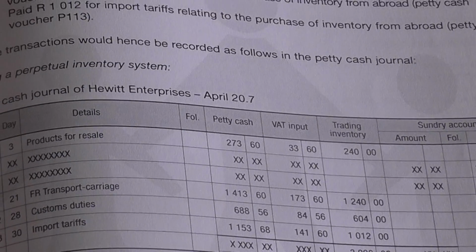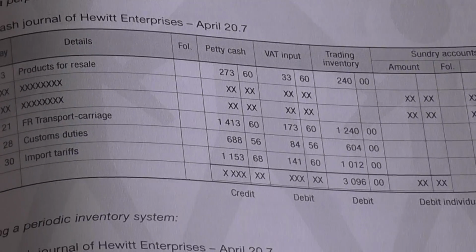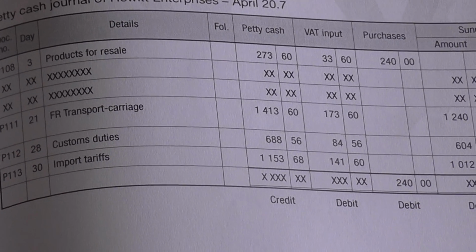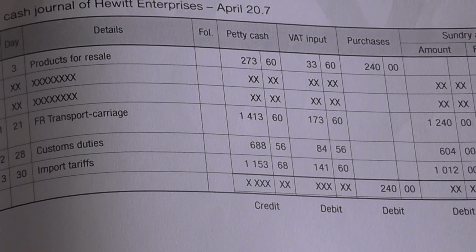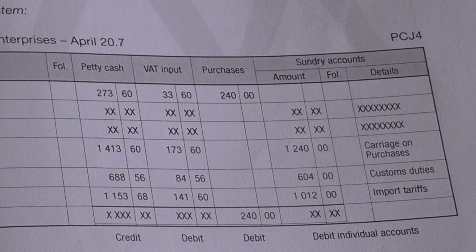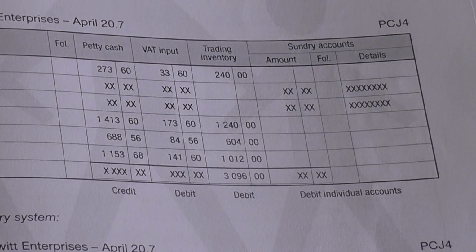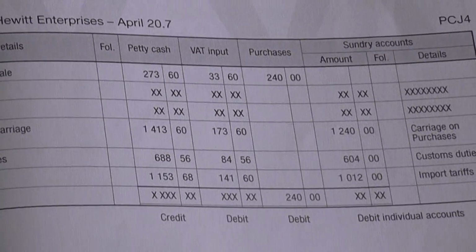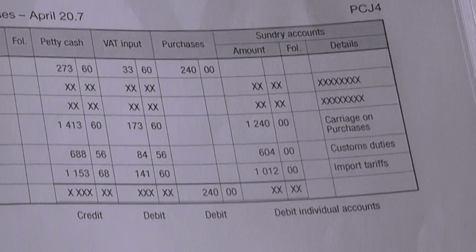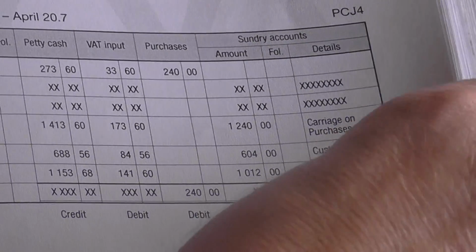You must remember that in the perpetual system, that all falls under trading inventory. But now under the periodic system, each and every one, transport, custom duties, all of them go into the sundry accounts as a separate account, where under the perpetual it falls under the trading inventory. So you need to remember that.